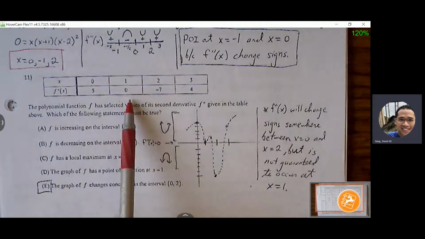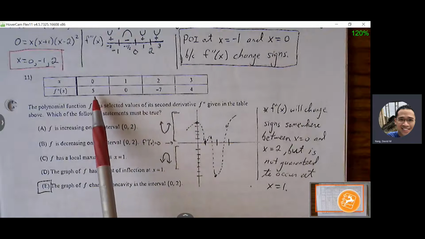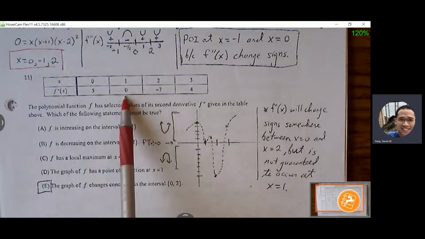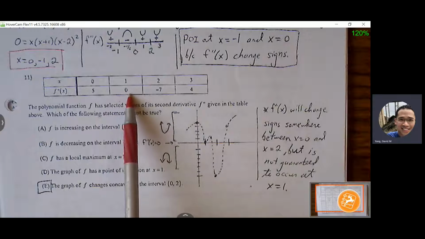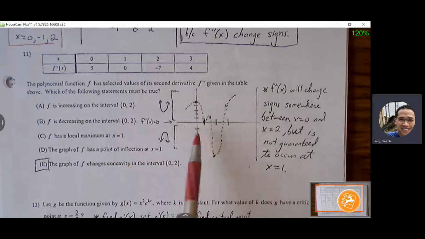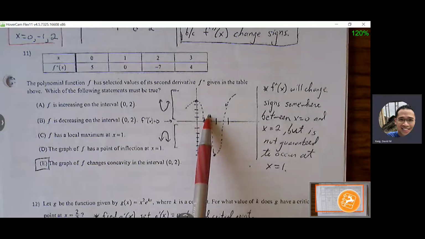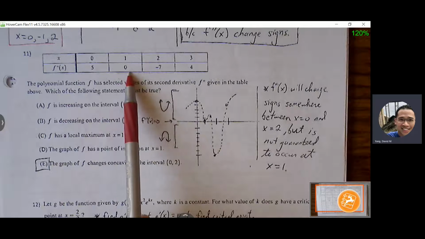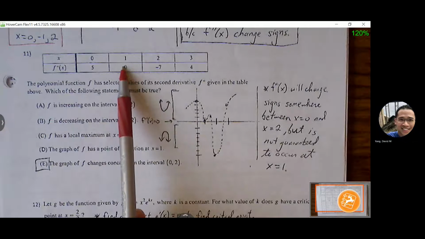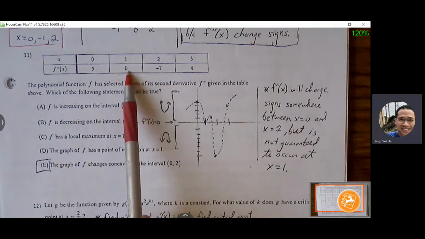Well, the tricky thing here is that, yes, the sign does change from positive to negative, but we can't guarantee that it's actually going to cross the x-axis at 0. It could hit the x-axis, pop up to the positive region, and then reach the negative somewhere between 1 and 2. So we can't guarantee that our point of inflection is going to be at 1.